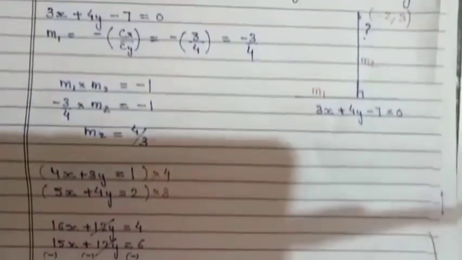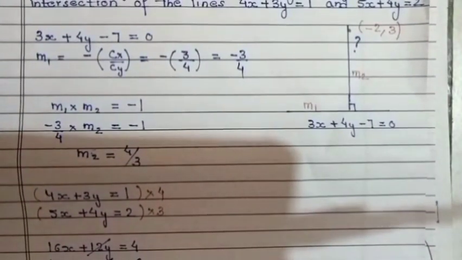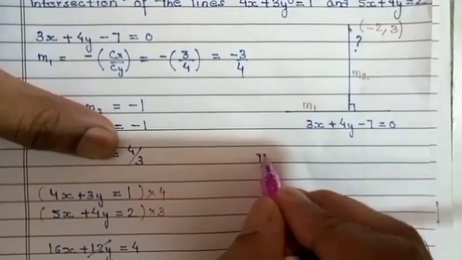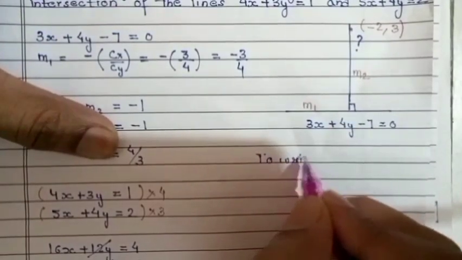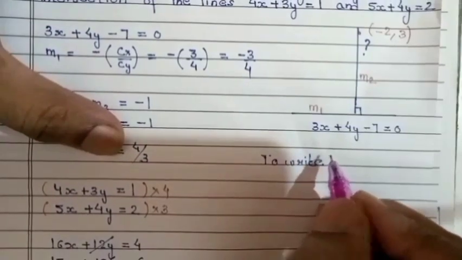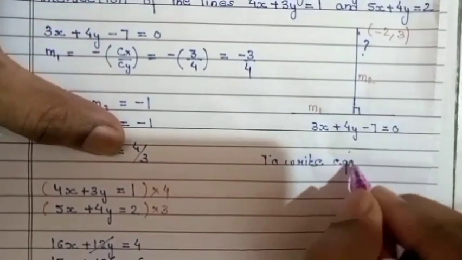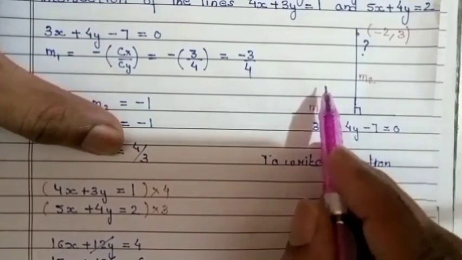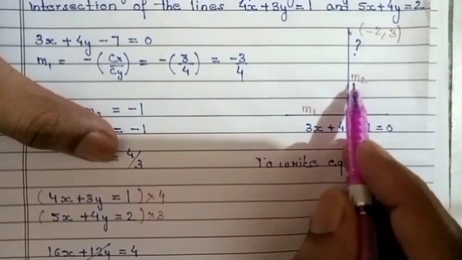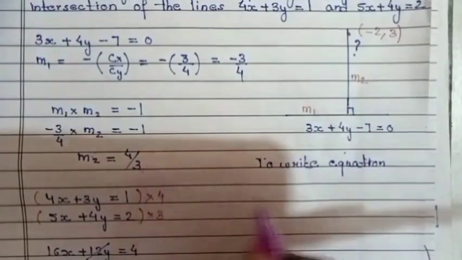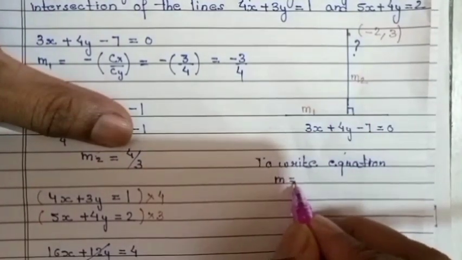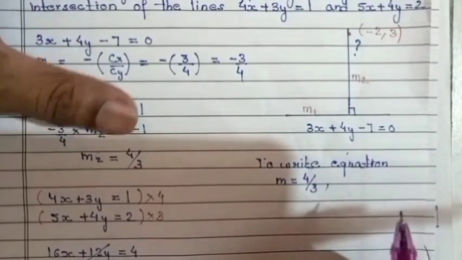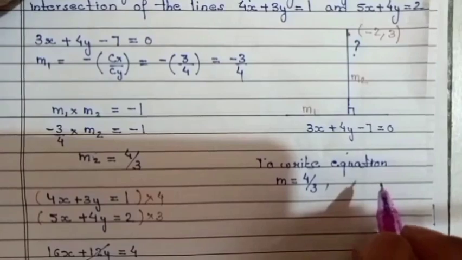Now remember, to write the equation of a line, what is needed? Slope of the line is needed. So here slope m2 is 4/3. And one point is needed through which the line is passing.